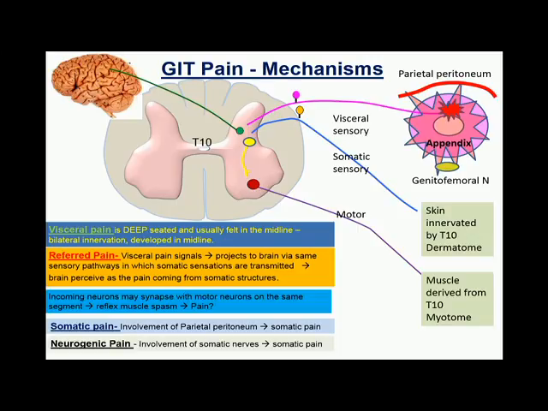And the fourth, or the fifth type of pain which can occur due to GIT pathology is neurogenic pain. If this transmural inflammation affects a nerve running close by, the nerve can get affected by the inflammation. Neuritis. And that can cause a somatic pain or neurogenic type of pain, and it is usually like an electric shock type of pain, right?